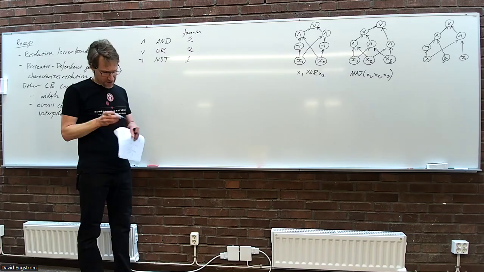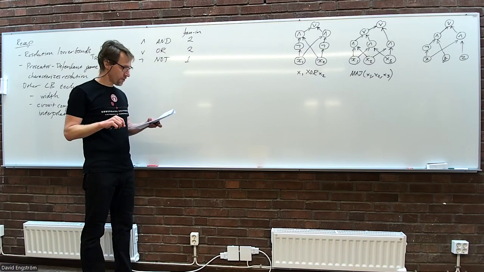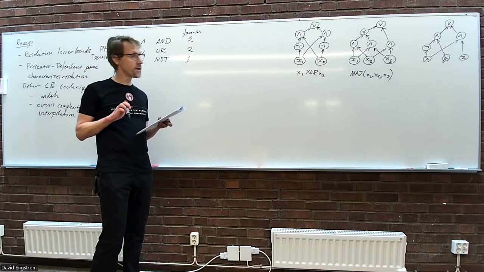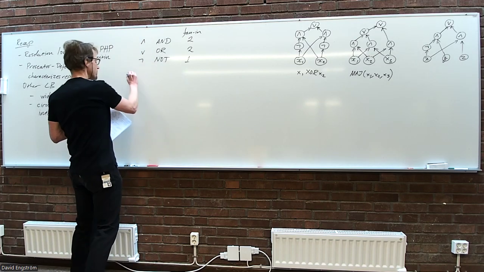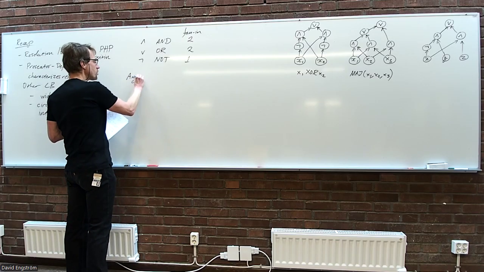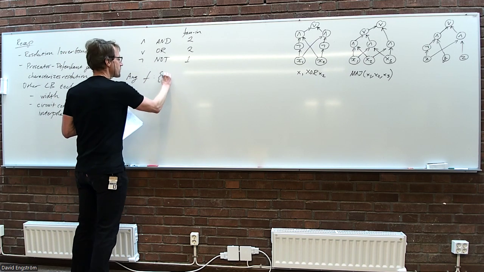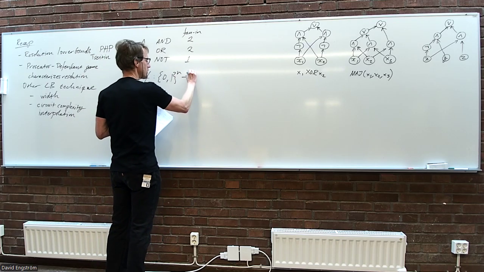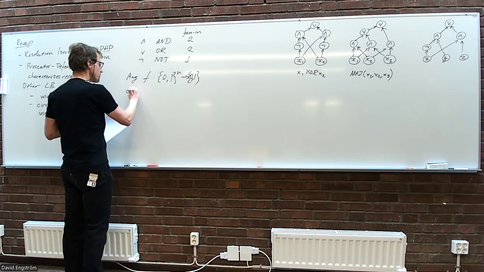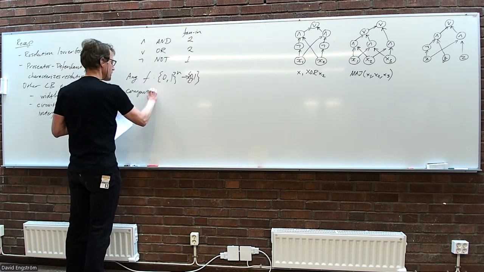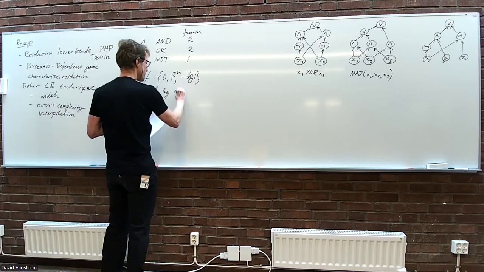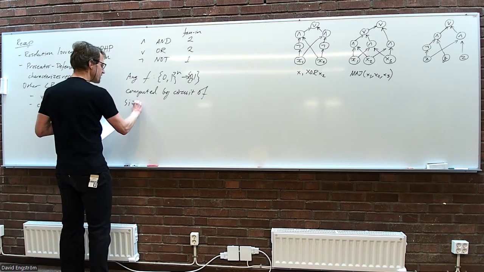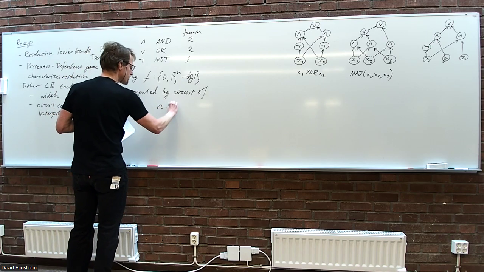We know that it's not so hard to show that any Boolean function on n bits is computed by a circuit of size, it's easy to get something like n times 2 to the n.